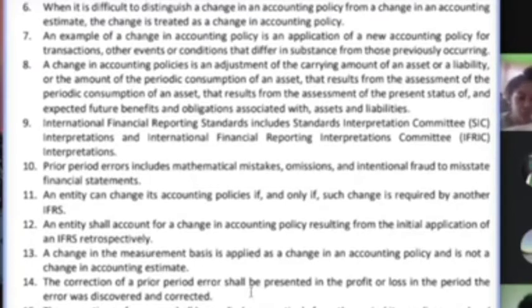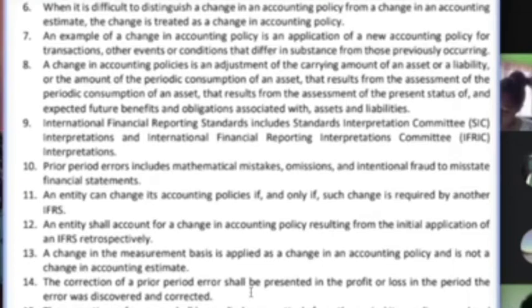Let's have number 15. The correction of an error shall be applied prospectively from the period it was discovered and future periods affected. False, sir, because it is stated here that it should be applied in the period it was discovered, but it should be applied in the earliest period practicable. Because again, as we mentioned last time, if we're dealing with a correction of a prior period error, the treatment is retrospective restatement.